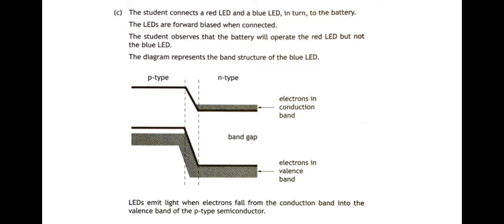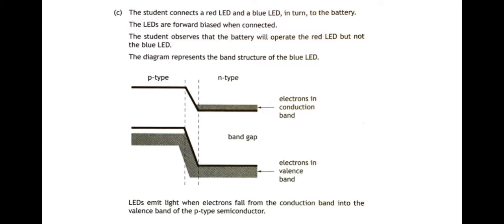So, what needs to happen? Well, the difference between a red LED and a blue LED is the light that they emit. The red LED emits light of a longer wavelength or lower frequency or less energy than a blue LED.